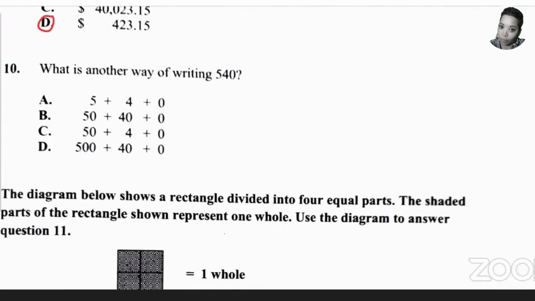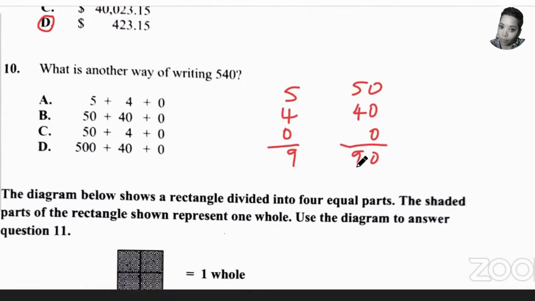Let's get to number 10, which is another way of writing 540. Okay, so again, when we have it in expanded form like this, we add the values together. So 5 plus 4 plus 0, that's 9. That would not be correct. 50 plus 40 plus 0, that's 90.